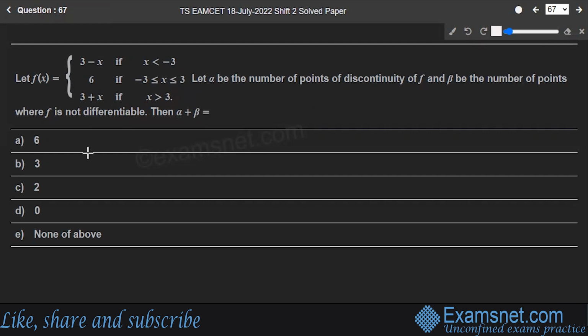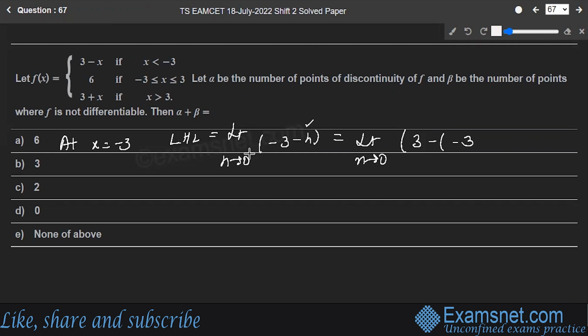Okay, so here 3 things are given. At x equals minus 3, the left hand limit will be limit h approaching 0 of f(minus 3 minus h). See, over here h is negative, so 3 minus x will be used.